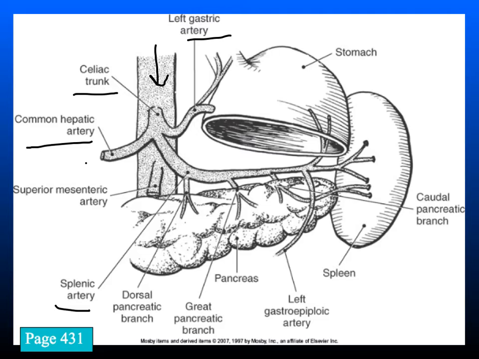Each of those, based on their names, takes nutrient blood to those structures. This is the common hepatic artery that goes towards the liver, and it feeds oxygenated blood to the liver and helps it live.